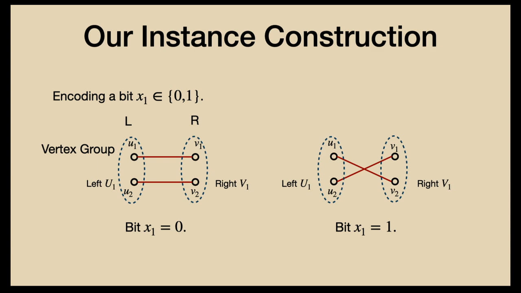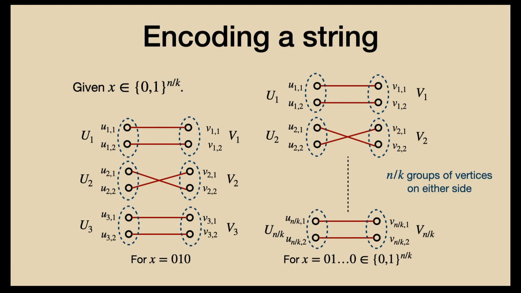And the next step is to encode a complete string using this same thing, where if the string is of length n over k, we're going to encode it with groups of vertices numbering 4n over k, where you're going to have n over k different sets of size 4.